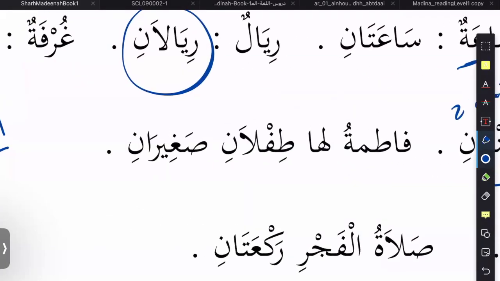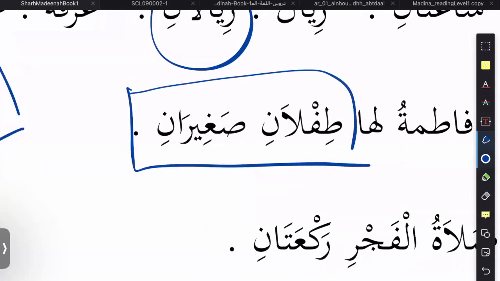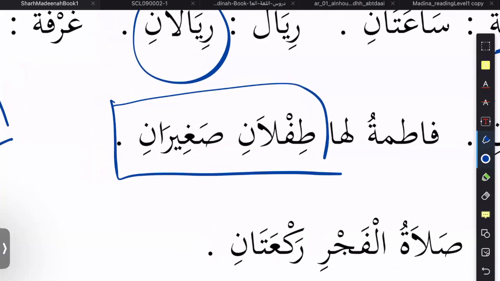فاطمة لها طفلان صغيران. Now here comes a very important concept. So now we want to say Fatima has, what is tifl? Tifl is child. So she has two children, tiflani, two children.